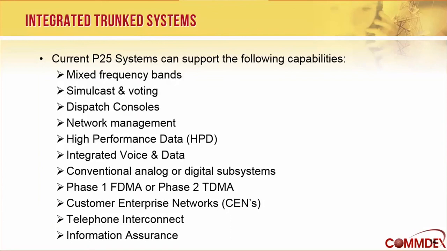And it's very common, for instance, a county level or a commercial trunk system to employ simulcast and voting for wide area coverage. And the system can also support dispatch consoles, especially for first responders, where you have 911 dispatchers who can operate dispatch consoles to talk to the radios.